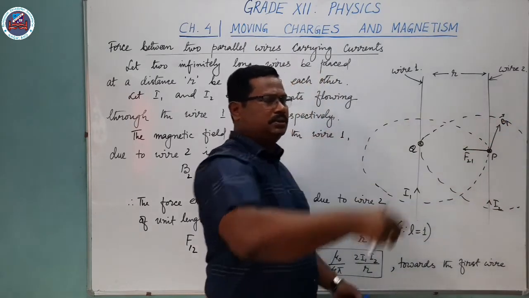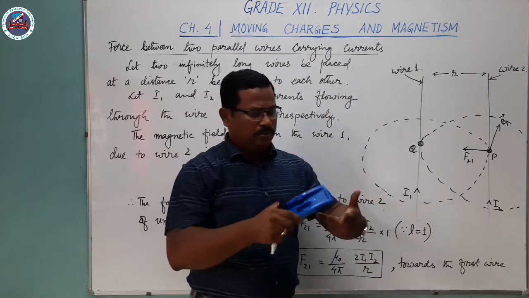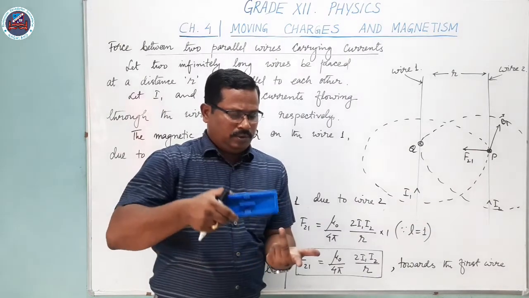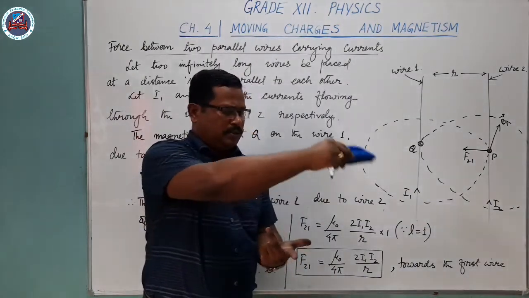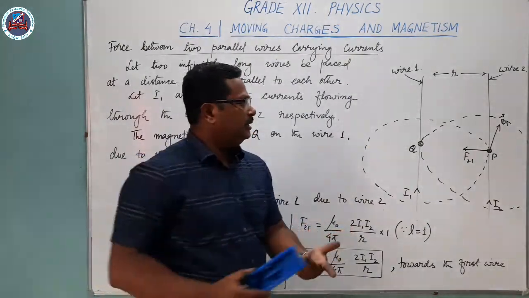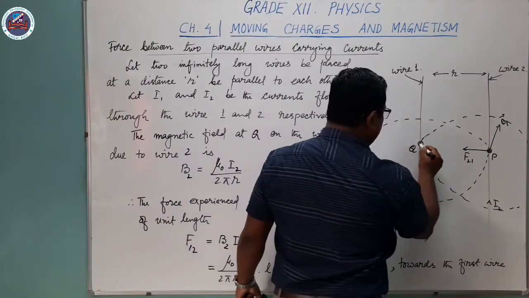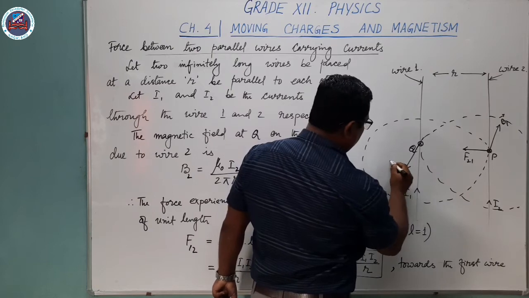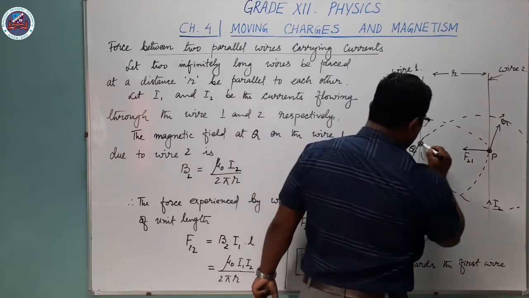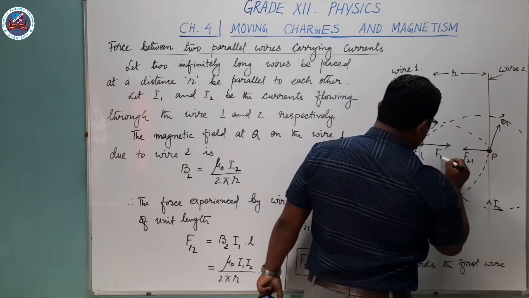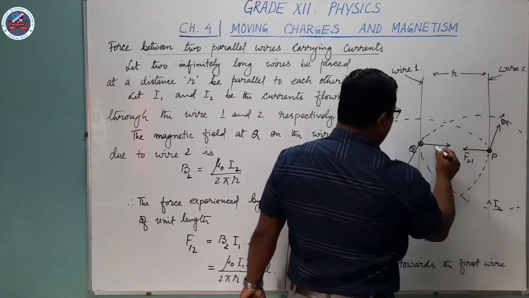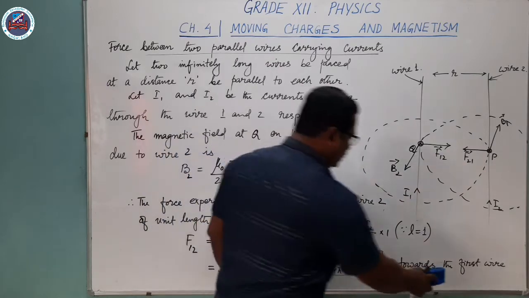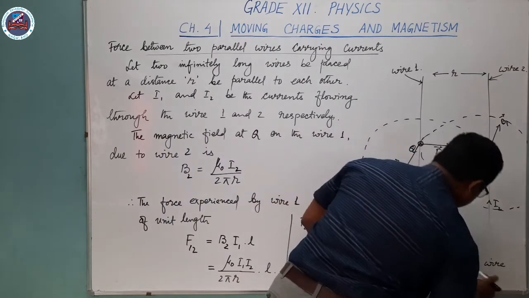So the field direction is coming towards you, and current is flowing from bottom to top. The force will be shown by the thumb. It will be towards the other wire. This is B2. Then the direction of force F12 will be towards the second wire.